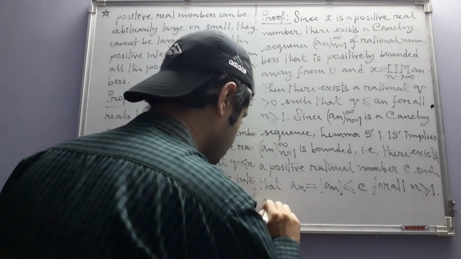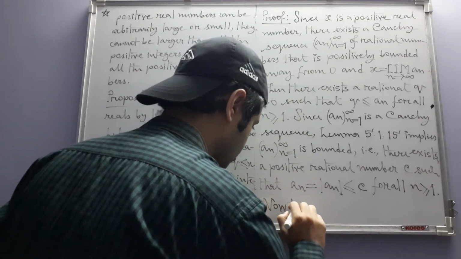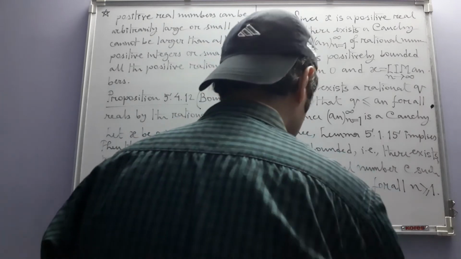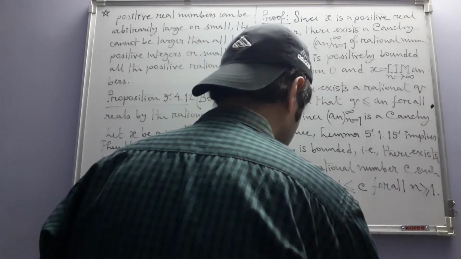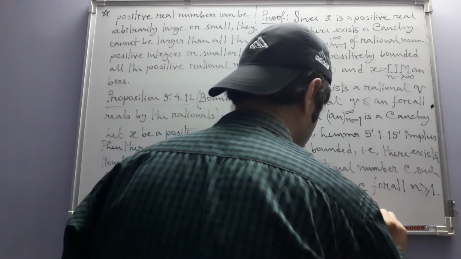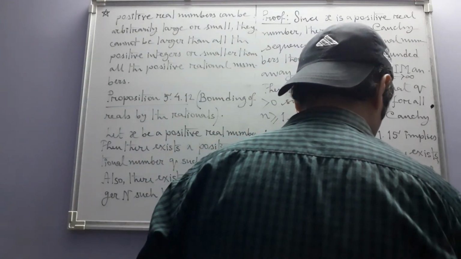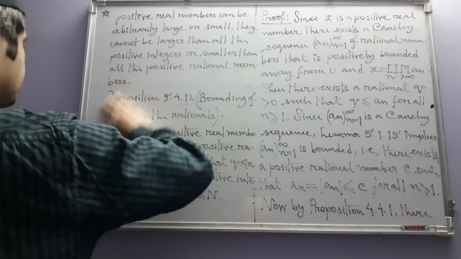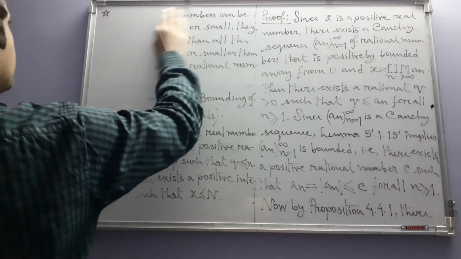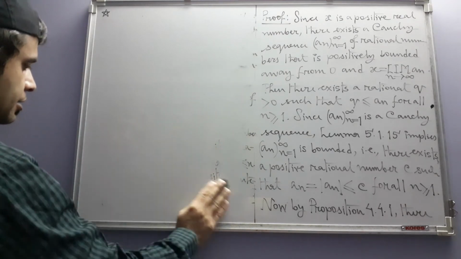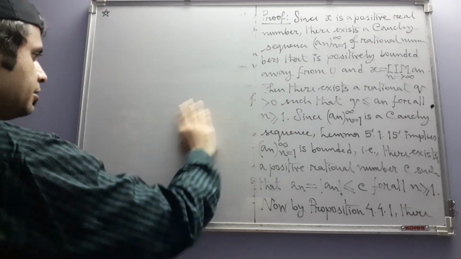Now by yet another result, which is proposition 4.4.1, it's that result which tells us that every rational number has an integer part.